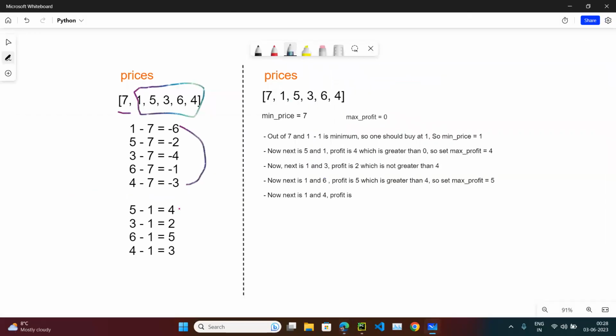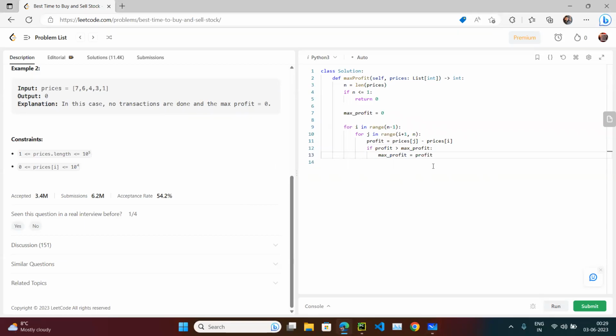In the second scenario, as soon as 4 comes, max profit is 4. This time max profit is again 4. This time it is 5, so max profit is 5. This time max profit is still 5. After checking each and every condition, we have to return the max profit.